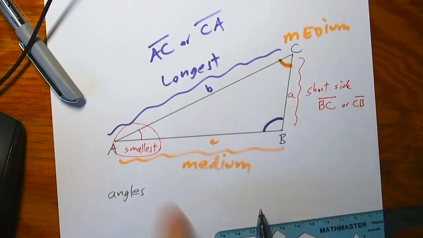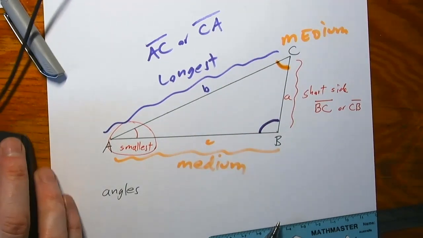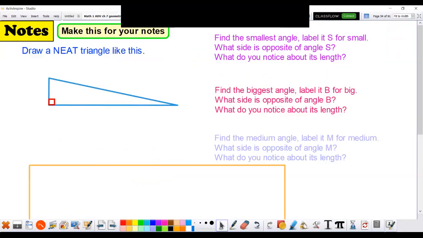Next, know the order: smallest angle, smallest side. That's something you're going to be asked. The next thing I'm going to ask you about is how long the sides are. Here are the sides again. If you drew a triangle like this, where's the smallest angle? Right there. Here's the smallest side, isn't it? It's opposite.